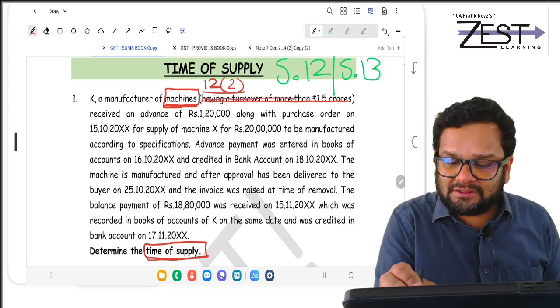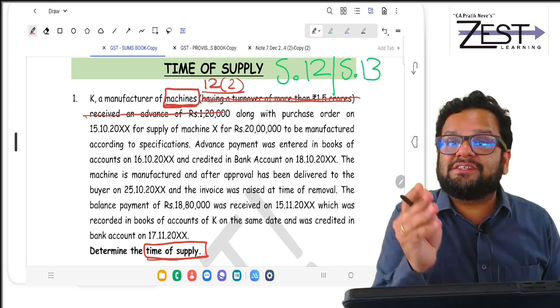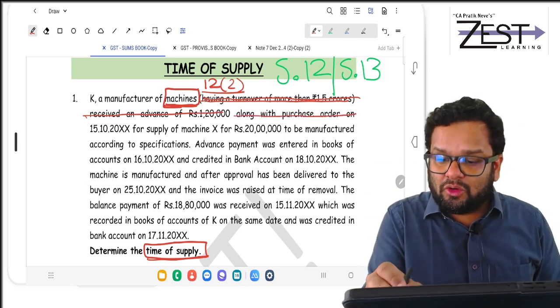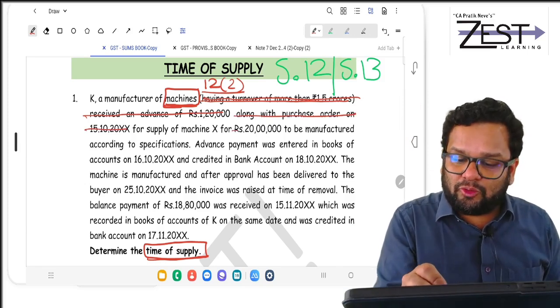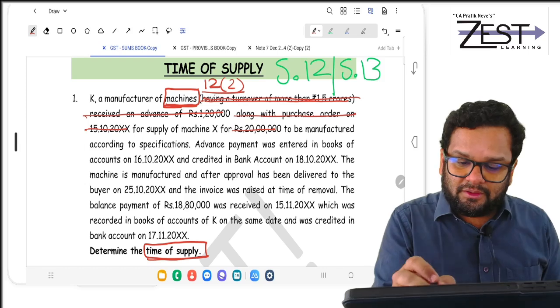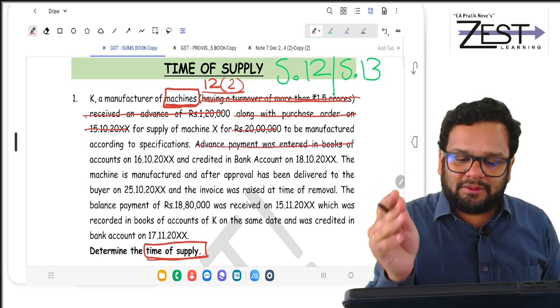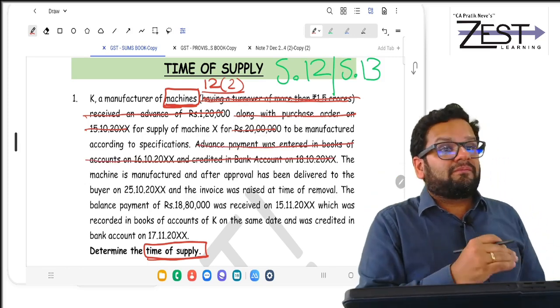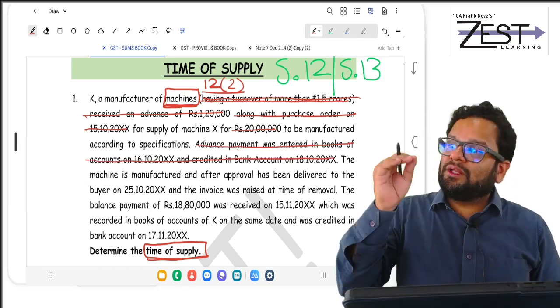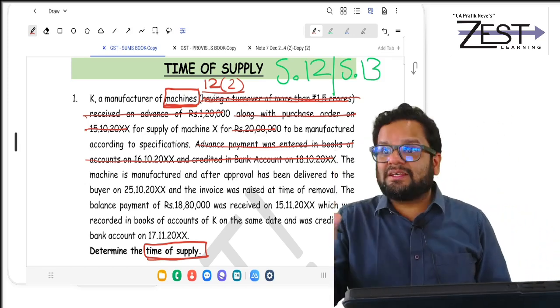Received advance, I am not bothered when advance is received. Along with PO, I am not bothered when PO is received. For supply, I am not bothered with value. I am not bothered with when advance payment is received. I am not bothered with when it is credited in the bank.